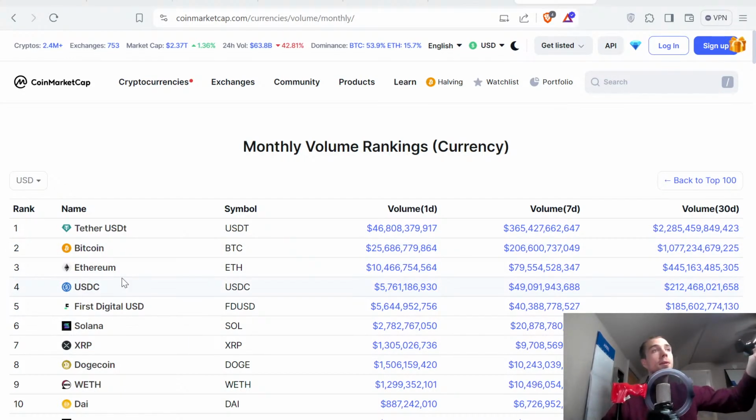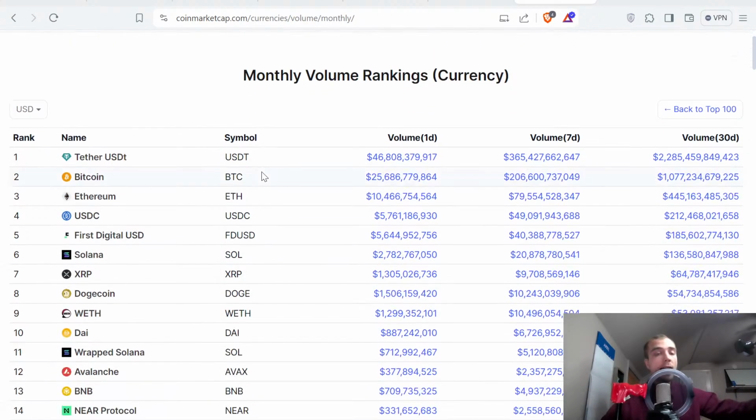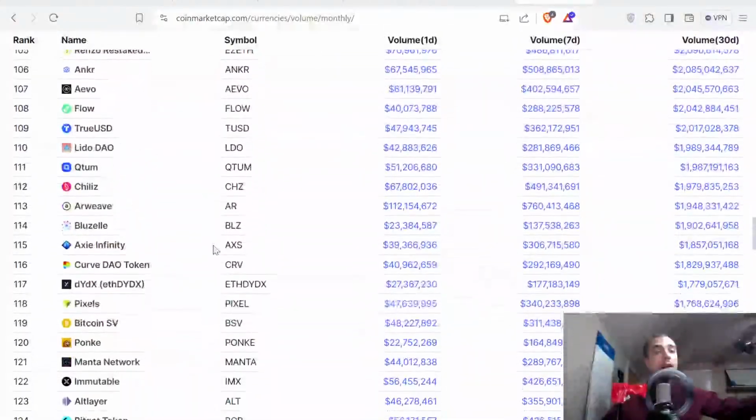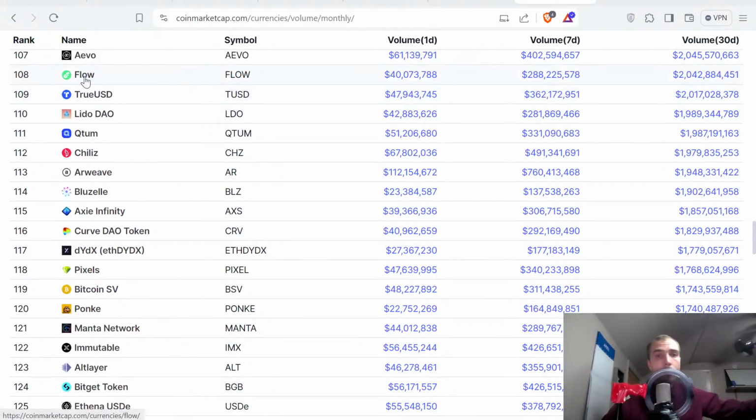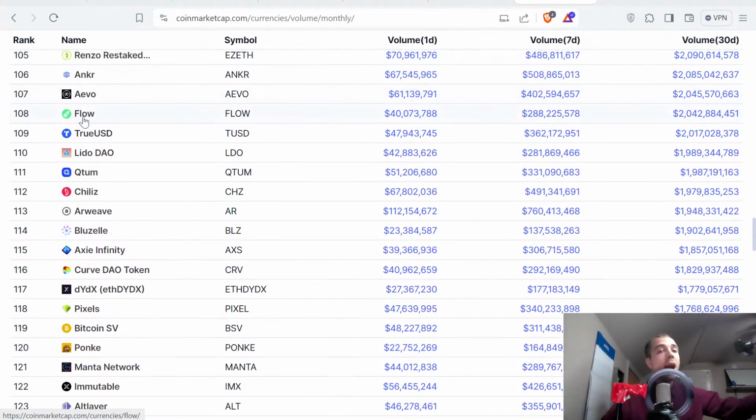So the best thing to do is to measure in relationship to other cryptos and see, okay, is this thing increasing, decreasing in volume? And if you see a huge increase in volume and price, that's bullish, right? So let's say that Flow, for example, saw a massive spike in volume and in price.